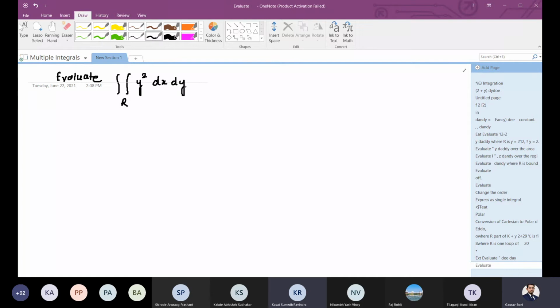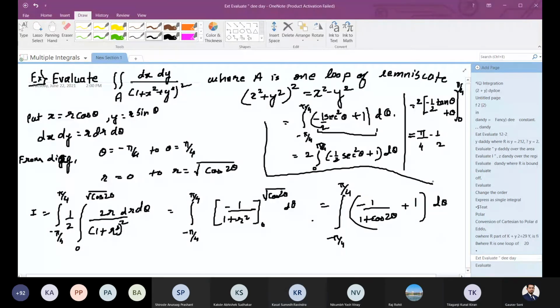Yes, pi by 4 minus 1 by 2, I guess. Sir, it should be pi by 2 minus 1, because there is a 2 multiplied there. Oh, I may be wrong then. Yes, into 2. Into 2 was there, right?